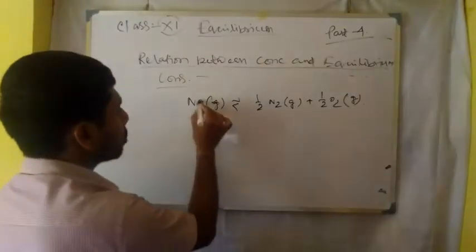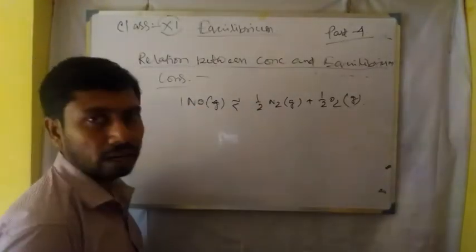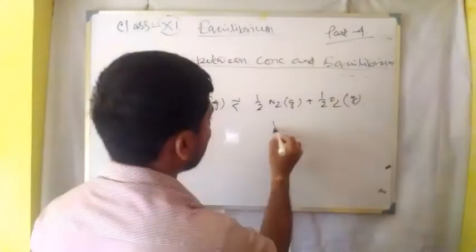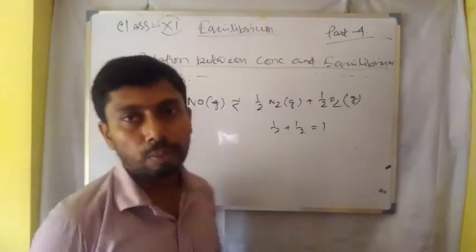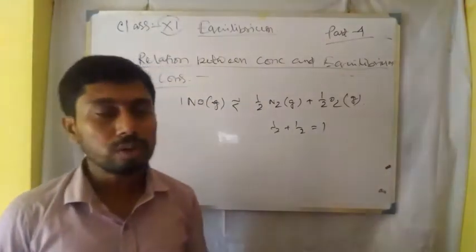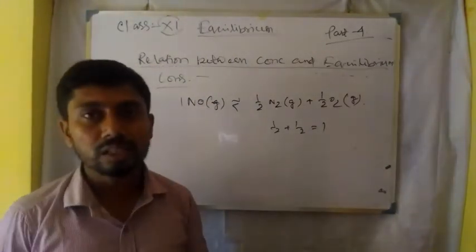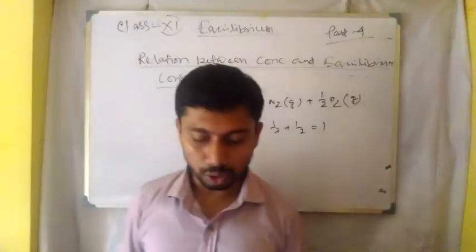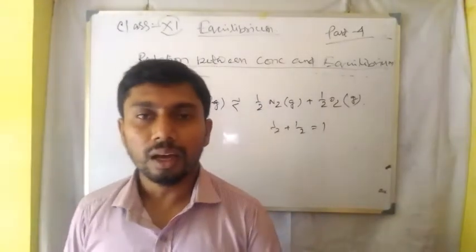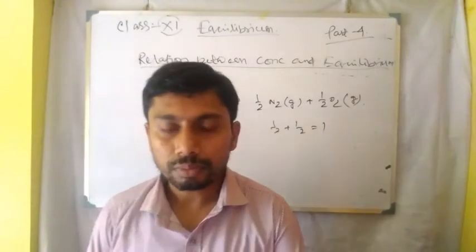Now here also first of all calculate: the reactant side is 1, and on the product side it is half plus half, that is equal to 1. So on both sides the number of moles are equal, and for this reason there will be no unit of Kc, the equilibrium constant. I think you have understood it.